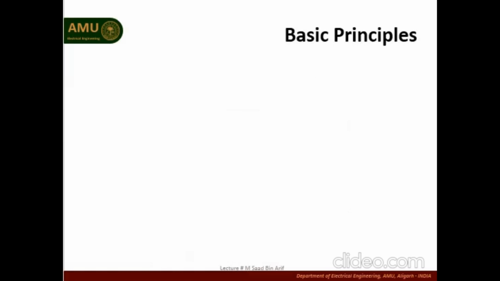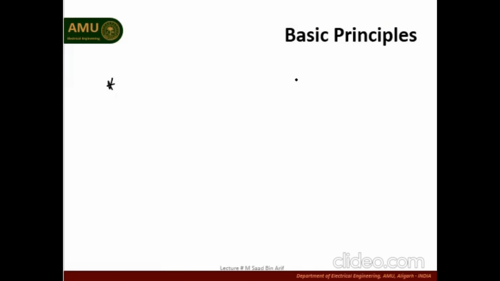Now the question arises, what basically constitutes a transformer? So as I told you earlier, in a transformer we have two electric circuits that are linked together by a magnetic circuit. So then how does the power transfer take place?